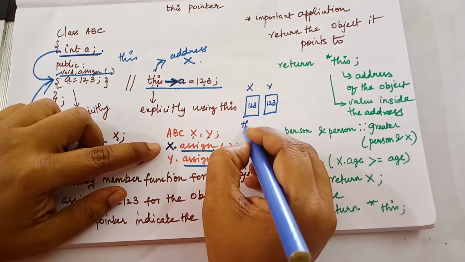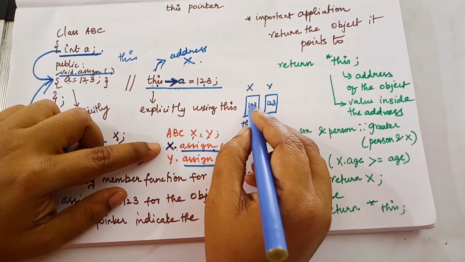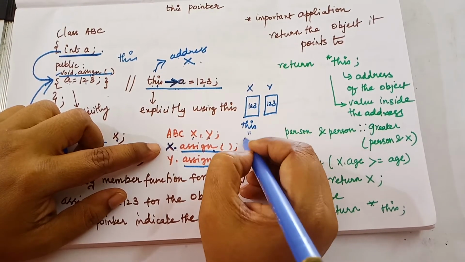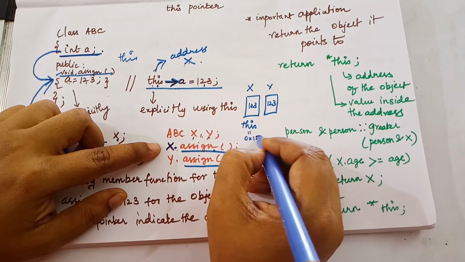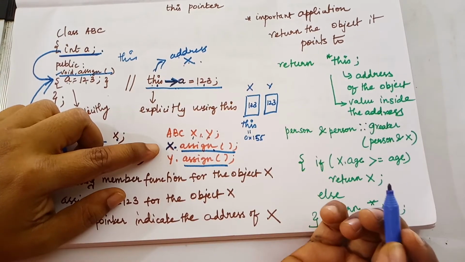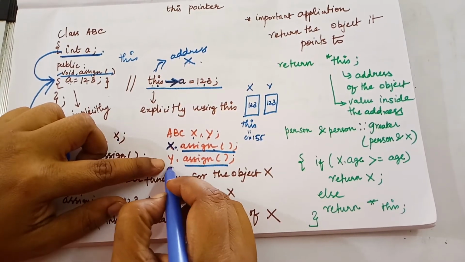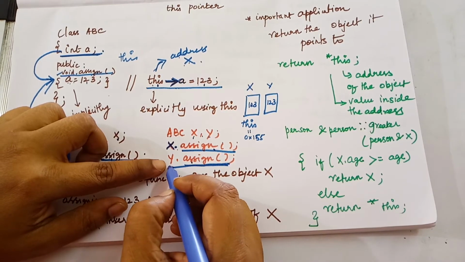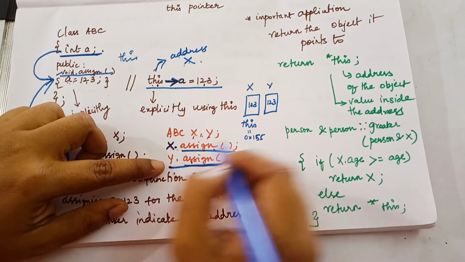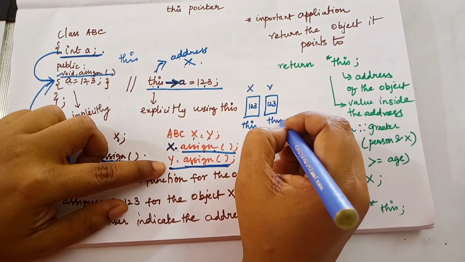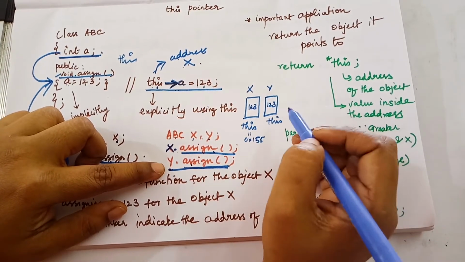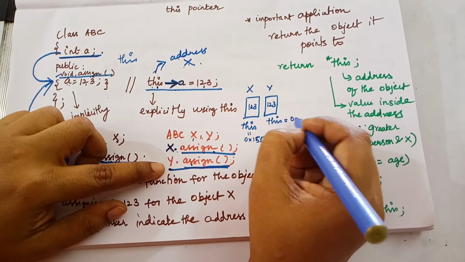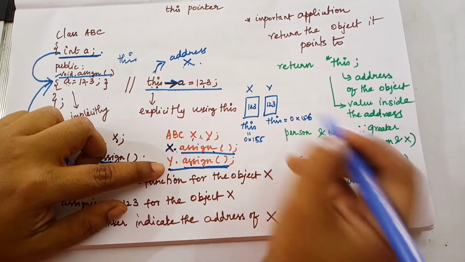So this pointer is allotted for X and it consists of the address of X. Whenever you are calling the second one, Y dot, you are calling the member function for Y. So this pointer is allotted for the object Y and it consists of the address of Y.